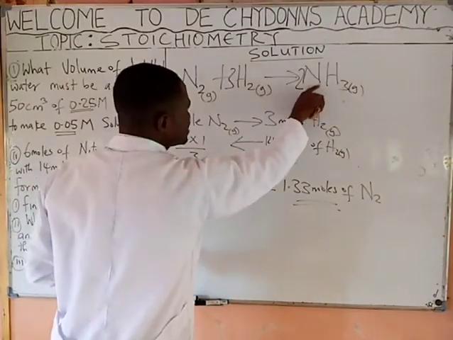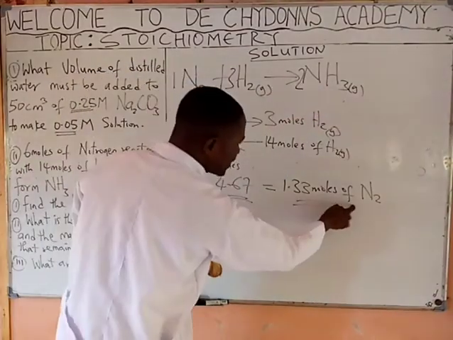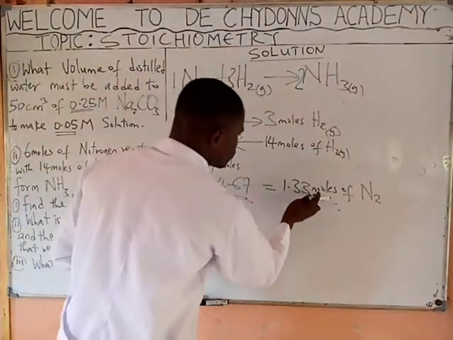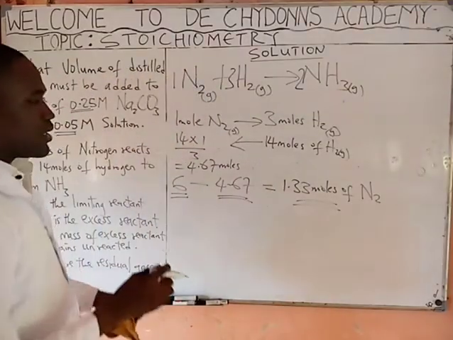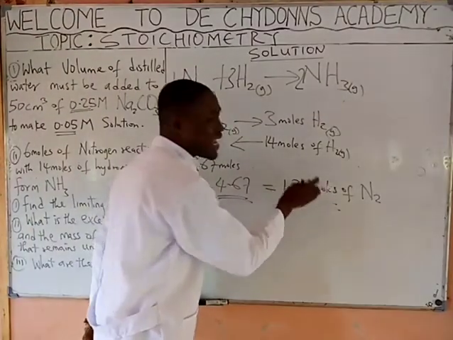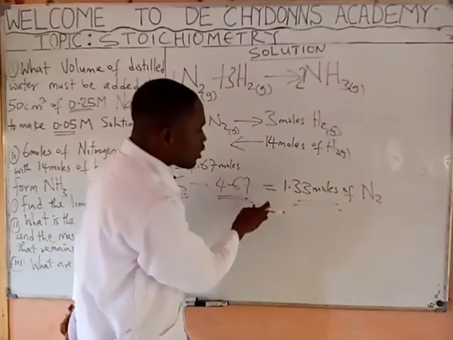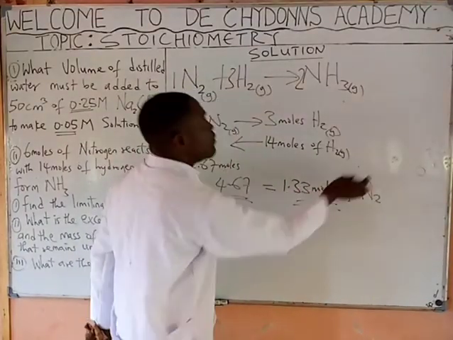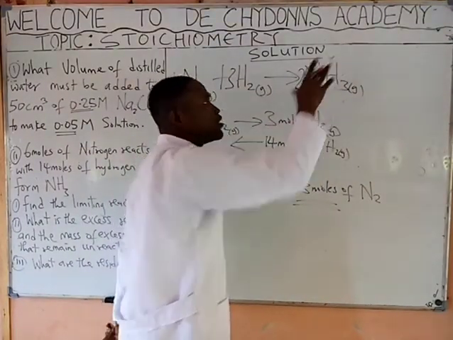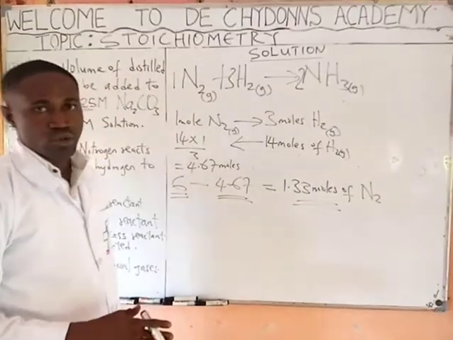We have gotten the amount of excess reactant. That is 1.33. That is the amount of excess reactant that is in excess. So the amount of excess reactant that is in excess plus the amount of the products we have.